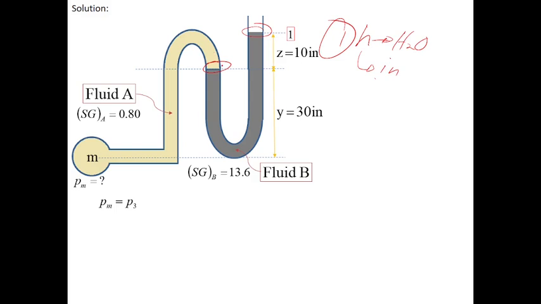This is now our second point, this interface, and then until we reach M. So this is the third point at point M, that's point 3.